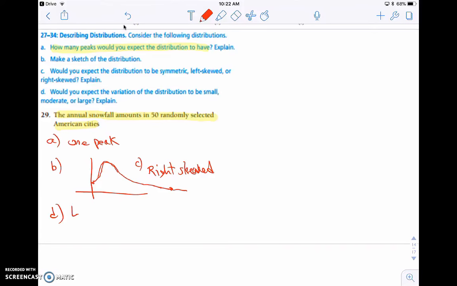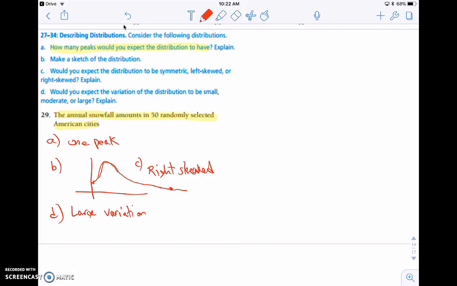I think we'd expect a large variation if you grab 50 random cities. If one of those is Phoenix, you might get a trace every few years. If you grab another one like Boston, it tends to get a lot more snowfall, so that could skew the data.